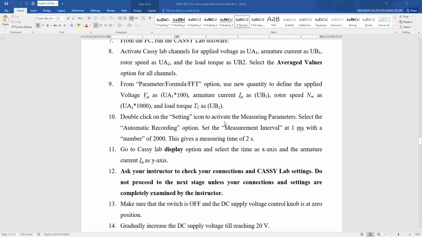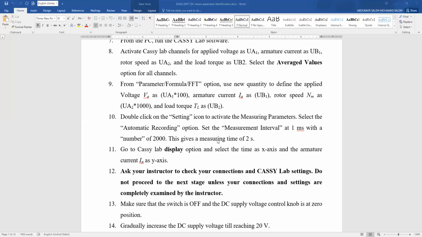Then we will select the settings icon, and to activate the measurement parameters, we will select automatic recording, and the measuring interval, this is for the display, is 1 millisecond with number of 2000 points. So we will measure for 2 seconds. Why will we do that? Because we are going to observe a curve in order to calculate the electrical time constant from this curve.